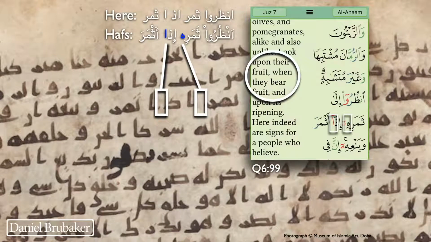Okay, here's the next one, and I've added some color here so you could see a little bit of what's going on. It's also from verse 6:99, and the text today reads, "Anzuru thamarihi idha athmara." And there are two things missing in the manuscript that are present in the Hafs text, and that is the third person singular possessive pronoun of thamara, which is fruit.